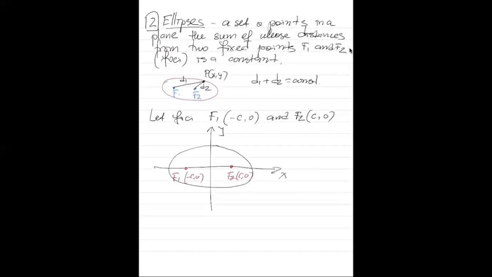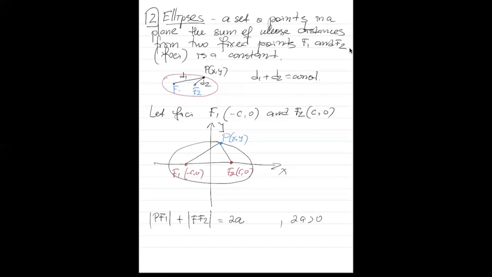We have a fixed point P on the ellipse. To make things easier, we center the ellipse at the origin, so it will be easier to do the math. Now we have this distance, PF1, plus this distance, PF2, equal to a constant. Let's call that constant 2a, with a positive, just for convenience.